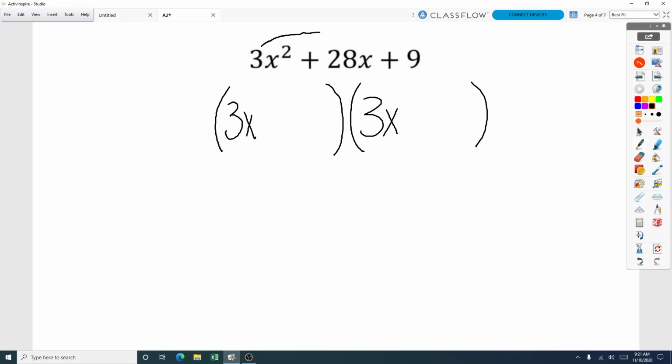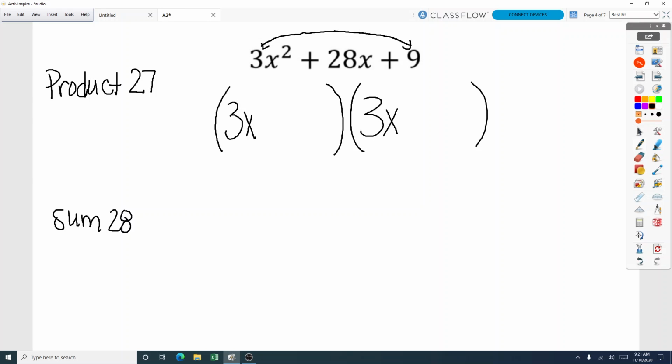Now I'm going to multiply a and c. So 3 times 9 is 27. So I'm looking for the product of 27 that's going to give me a sum of 28. Now, because the product is positive, I know that they're either both positive or both negative.